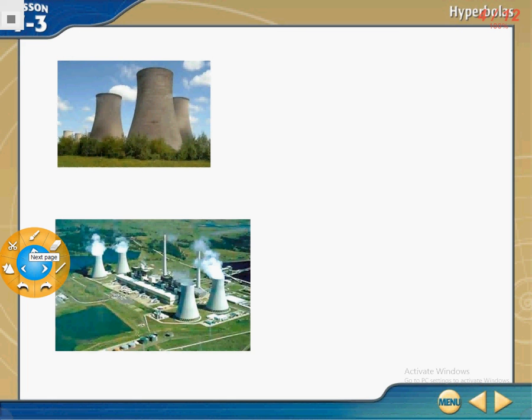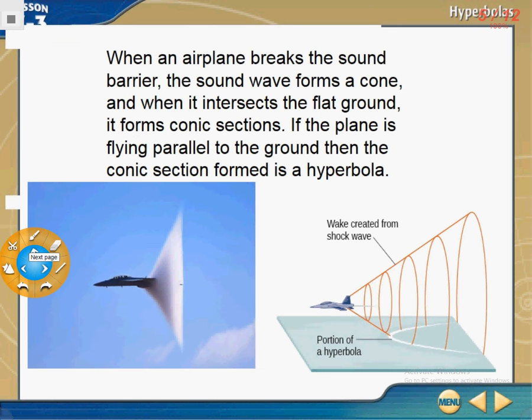Before we start our lesson, I bring for you some real-life applications about hyperbolas. We can see this in architecture. Look at the curve here. This is a hyperbola, and even here, the same idea. Another real-life application: an airplane breaks the sound barrier.